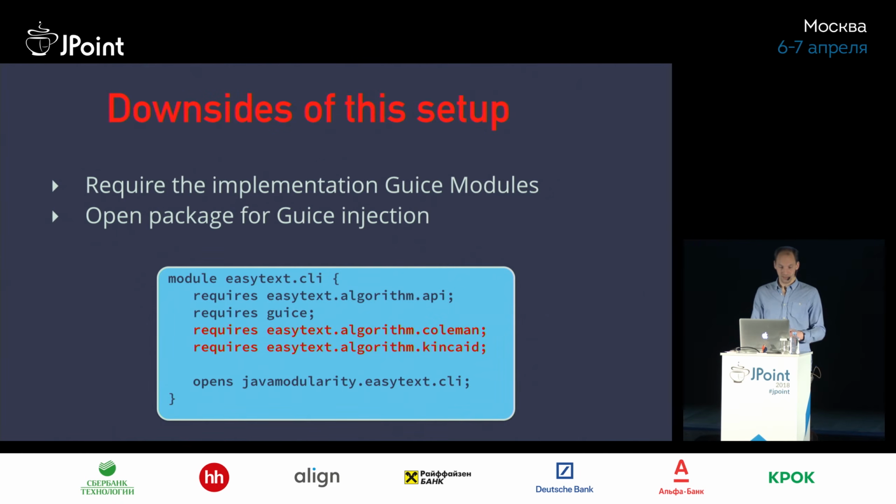And like I said, this is really not ideal. And if we look a bit further, then we also see that we also still need to require the common and Coleman implementation modules for this to work from the front-end modules. So this actually doesn't really solve the issues that we could solve using services.